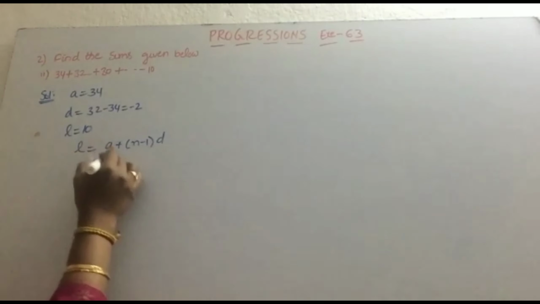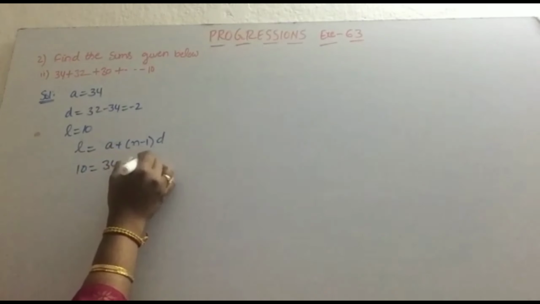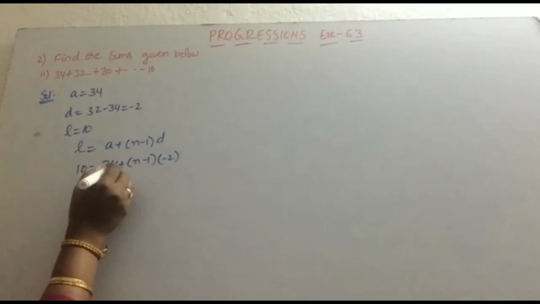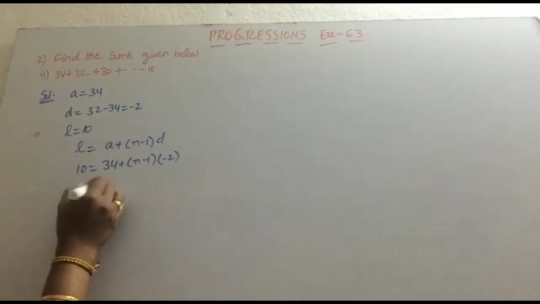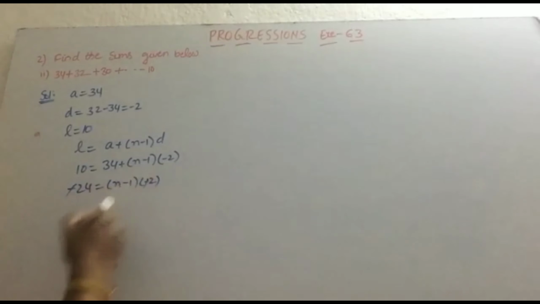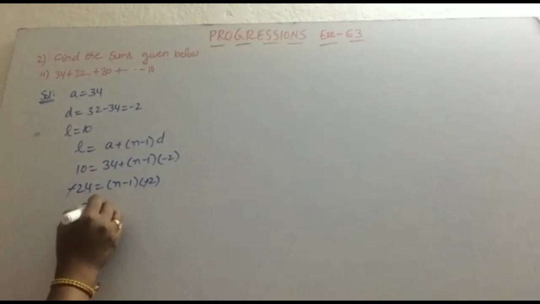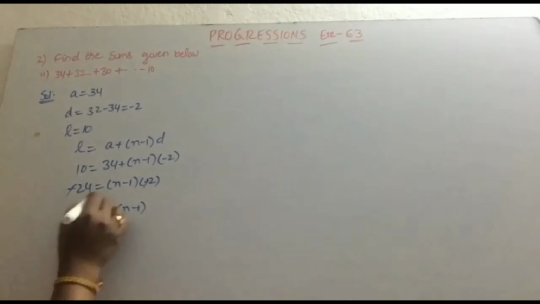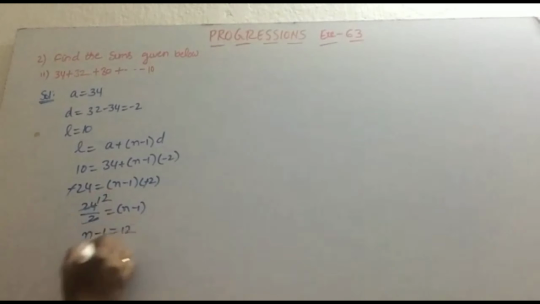So 10 equal to a is 34 plus n minus 1 into d is minus 2. So minus 24 equal to n minus 1 into minus 2. This minus and this minus get cancelled. So 24 by 2 is equal to n minus 1. So n minus 1 equal to 12, n equal to 13.